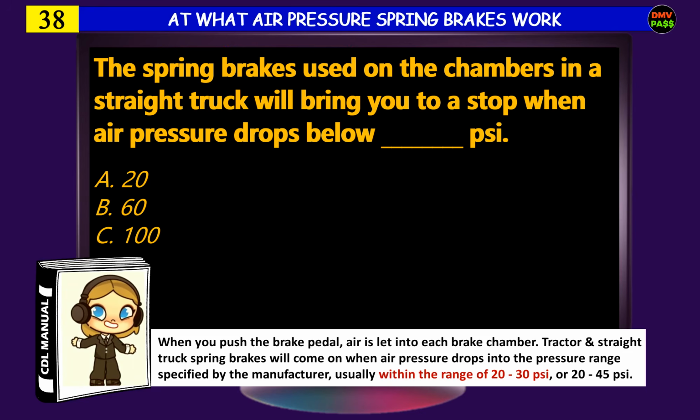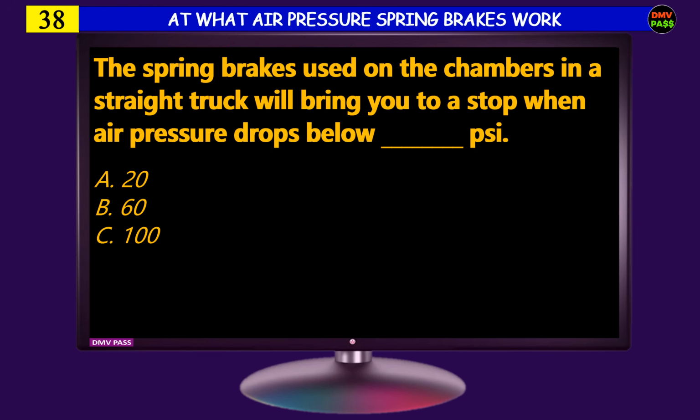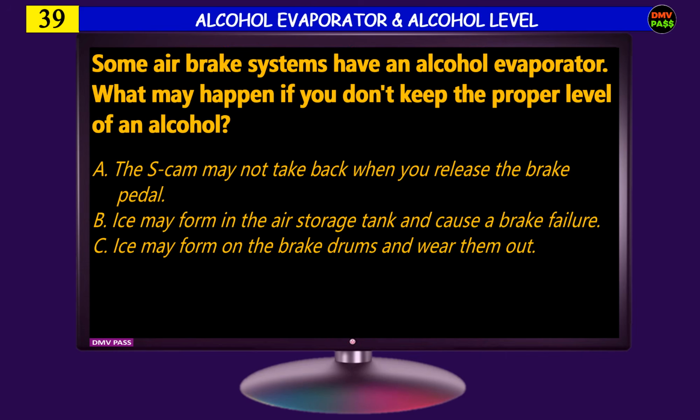Tractor and straight truck spring brakes will come on when air pressure drops into the pressure range specified by the manufacturer, usually within the range of 20 to 30 psi, or 20 to 45 psi. So, the correct answer is A. 20.